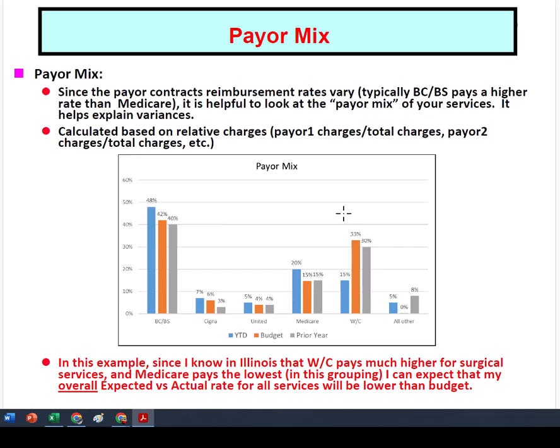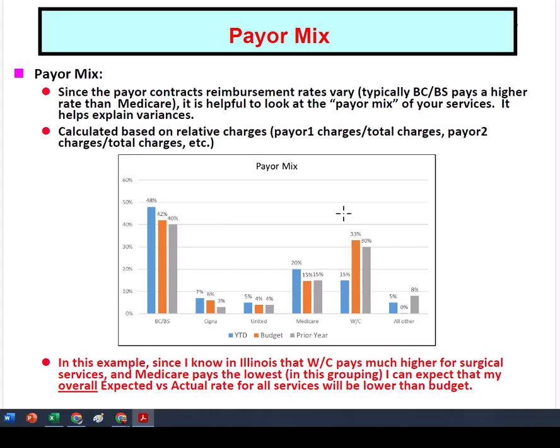So if everything's exactly the same versus whatever, prior year or budget, you did the exact same number of surgeries, the exact same type of surgeries, but the payer mix shifted, you could have less or more revenue.